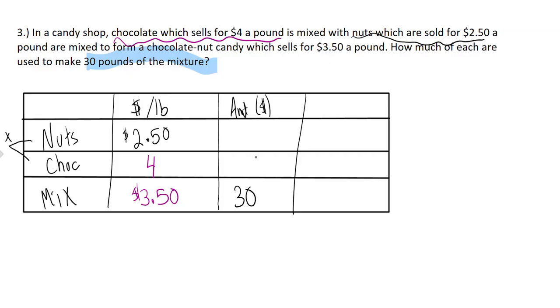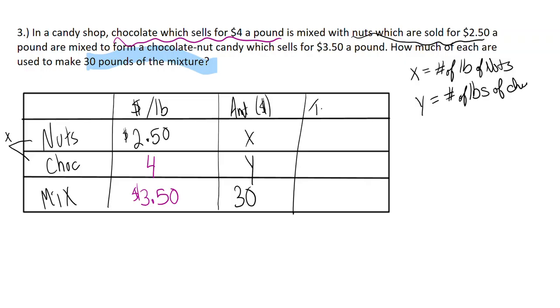And so what goes here and here? Well, those are our unknowns, our variables. So X is going to be the number of pounds of nuts. And we don't know the chocolate, so Y will be the number of pounds of chocolate. And this will be the total price coming from each section.